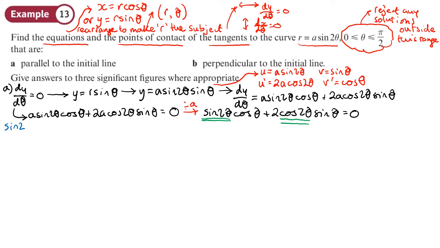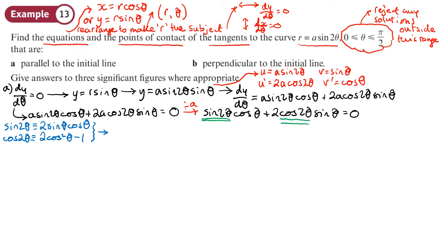Using these identities, sine 2θ is 2 sine θ cos θ, so I can substitute that out, and also cos 2θ I can change to 2 cos squared θ minus 1. I could use 1 minus 2 cos squared θ, or cos squared minus sine squared, but I've got a suspicion that if we did, we would probably have to make another substitution later on.